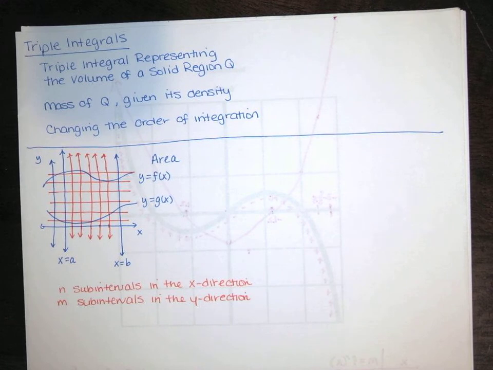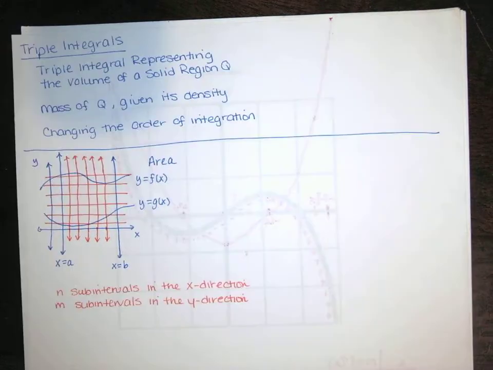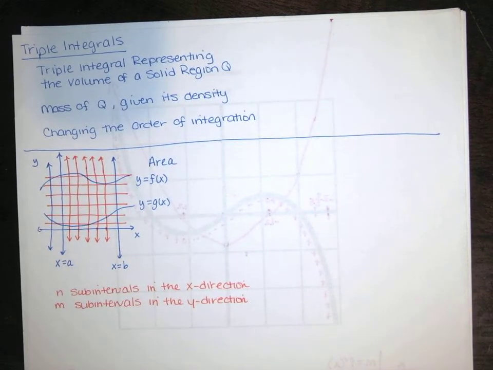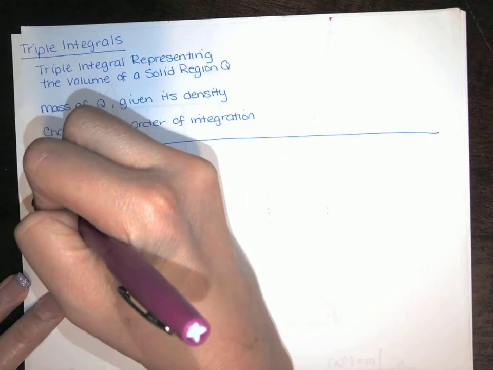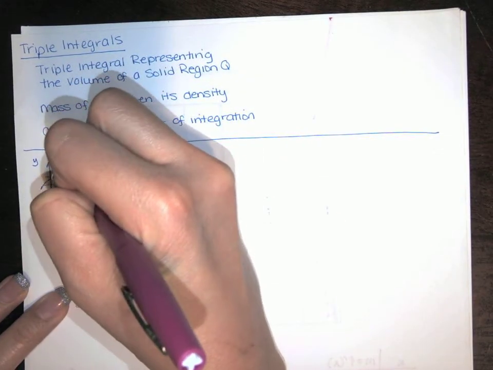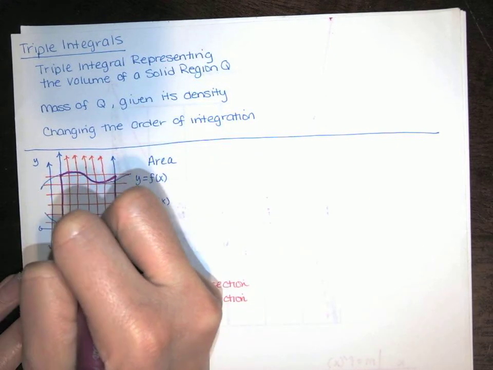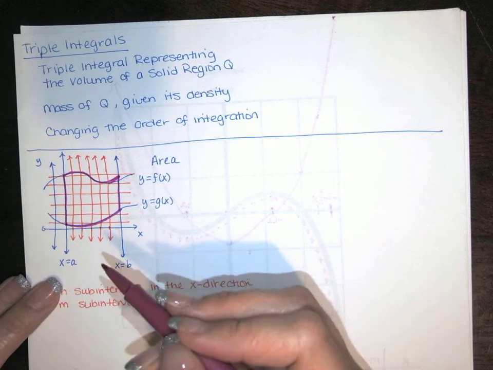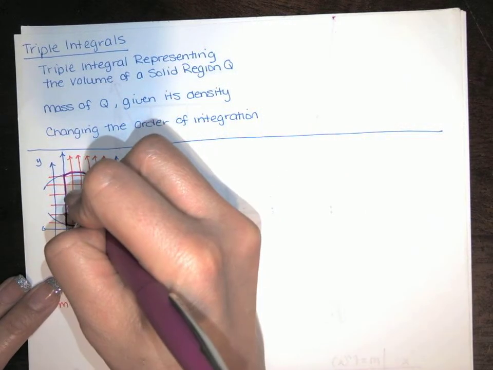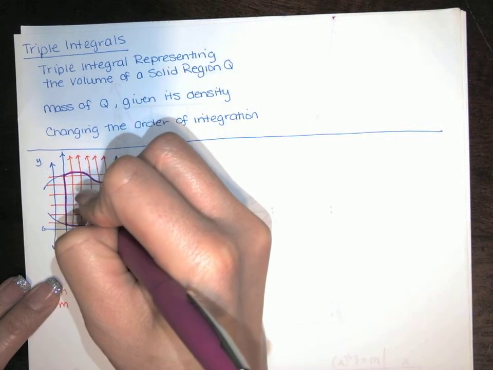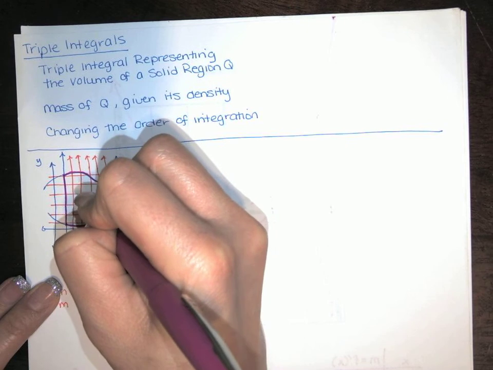Now, rather than finding the area between the two curves using rectangles with a height f of x sub i minus g of x sub i, and then subtracting, instead we're going to find the area between two curves by finding the area of each of these little blocks and then adding them up.